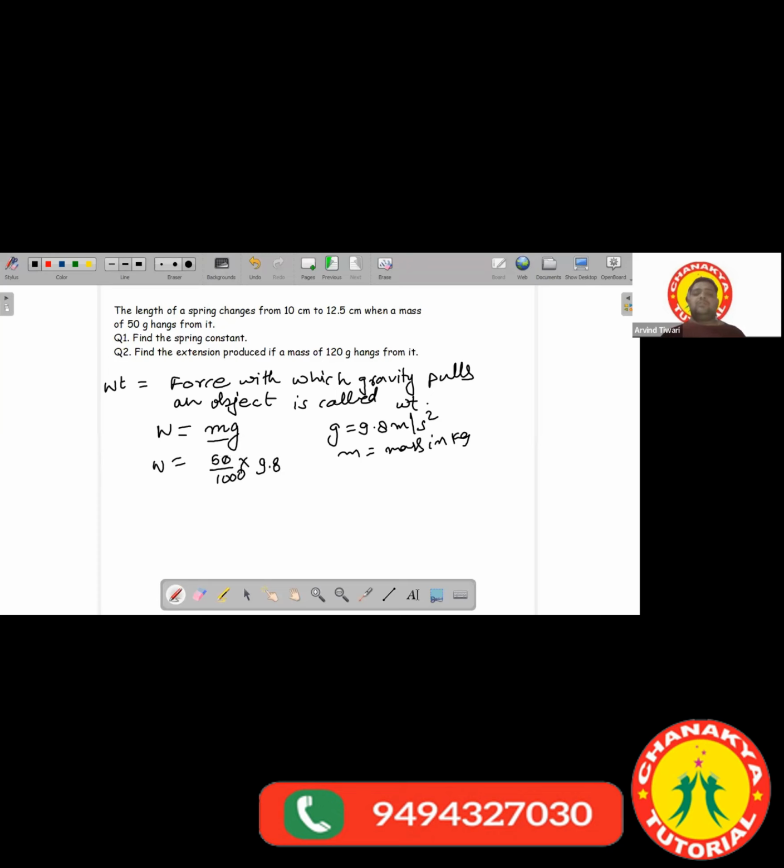So multiply this 5 with 9.8, divide by 100, and you'll get the weight. Once you get the weight, then we can apply the formula again.